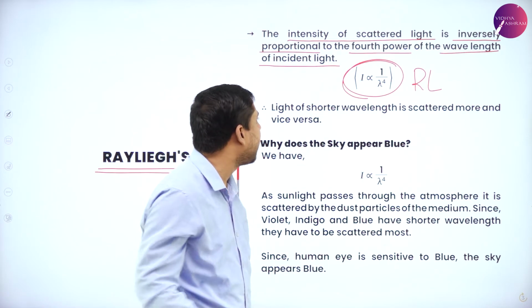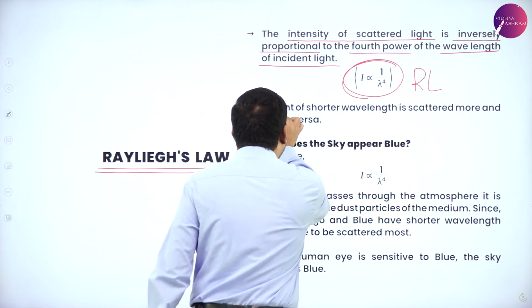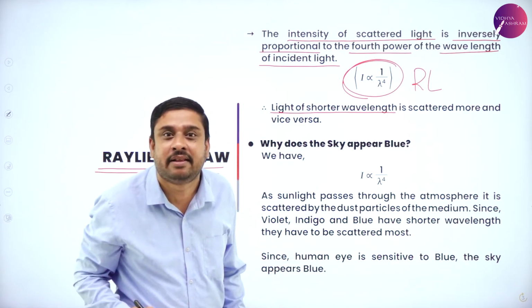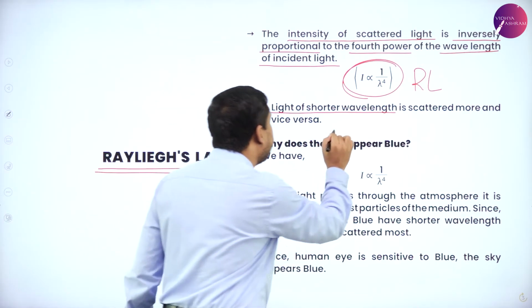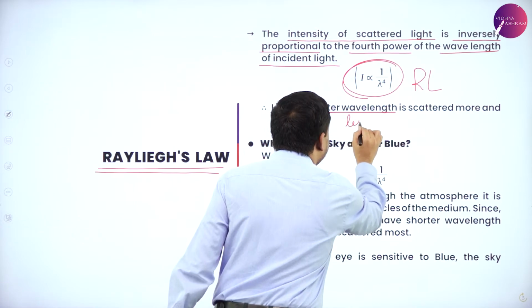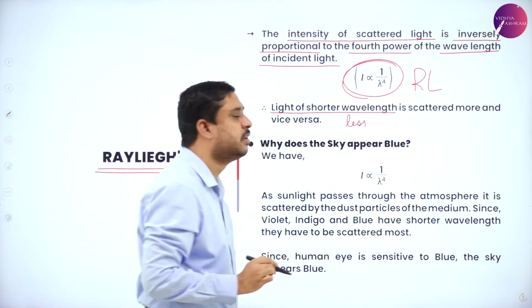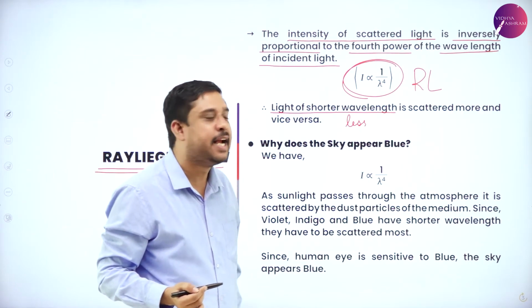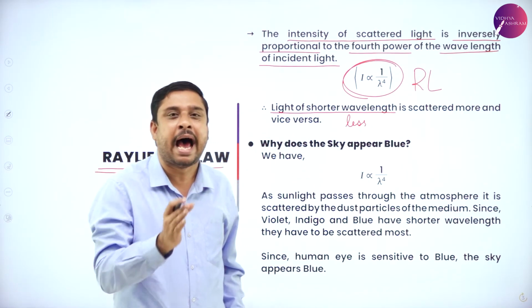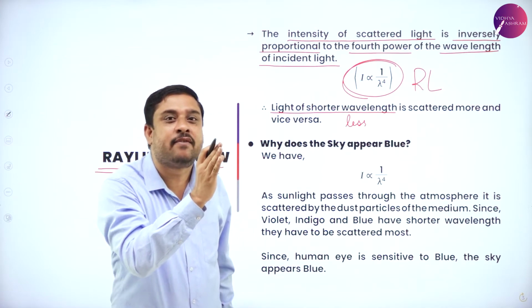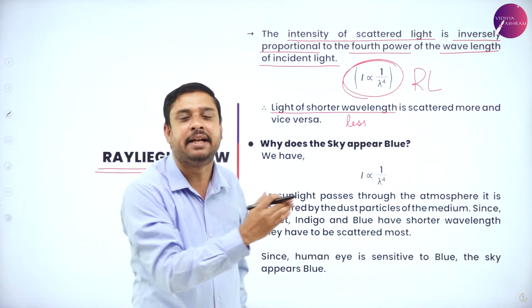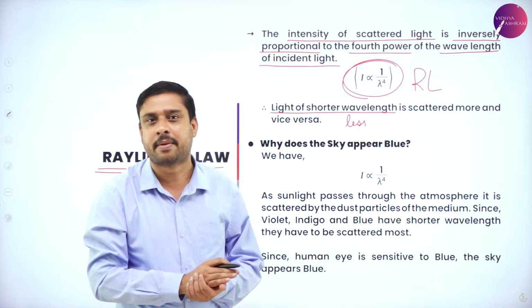Which means to say, light which has shorter wavelength, light which has less wavelength is scattered more, inversely related, and vice versa. As the wavelength of light increases, scattering decreases.